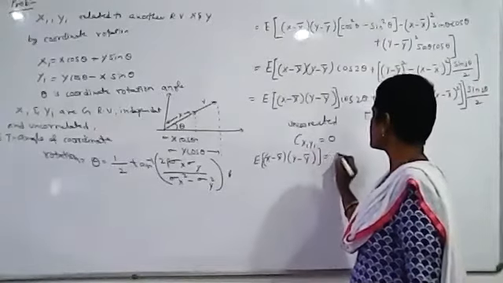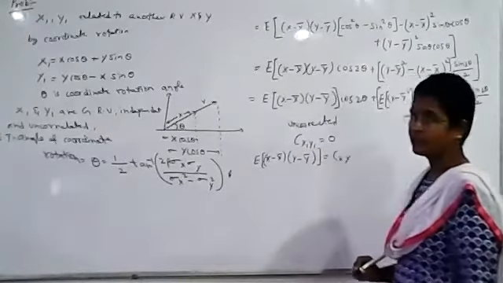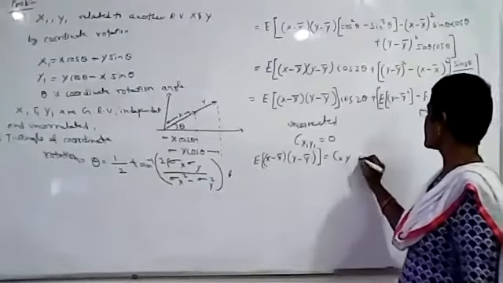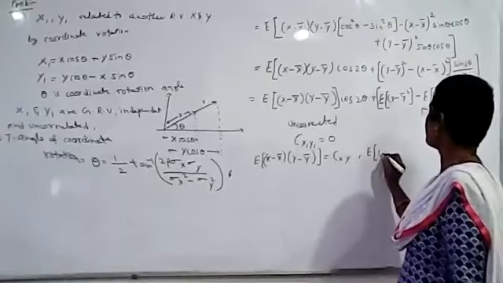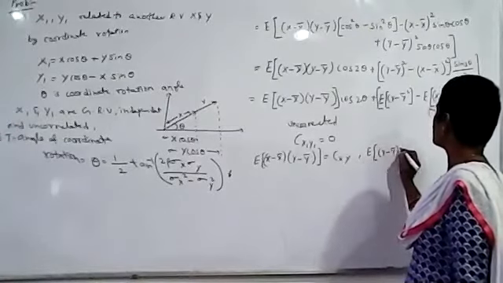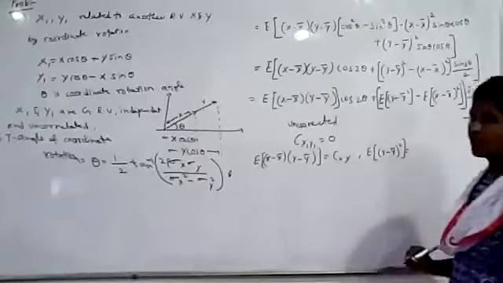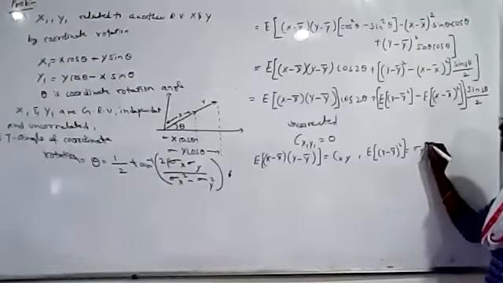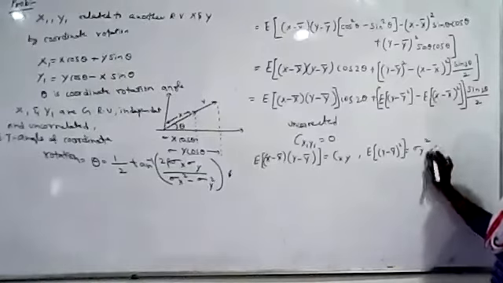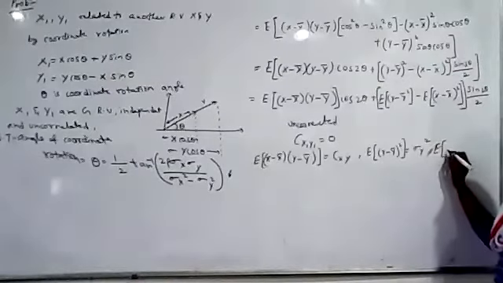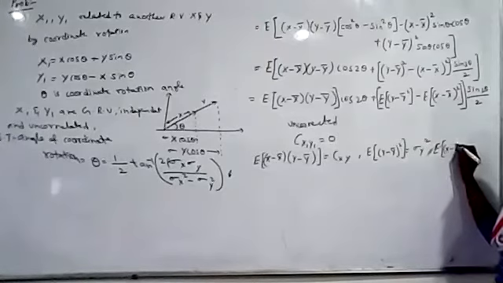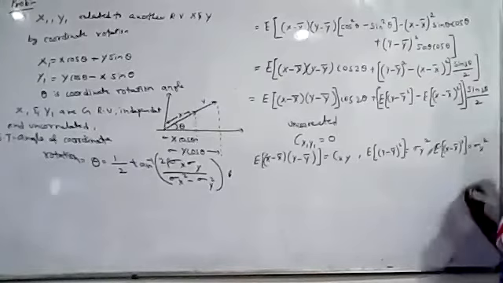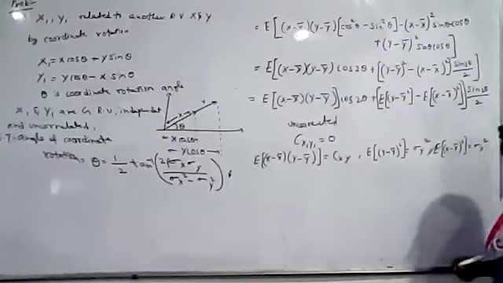It is the covariance Cxy. And similarly, expected value of y minus y bar square is the variance. Similarly, the expected value of x minus x bar square is sigma x square, the variance.